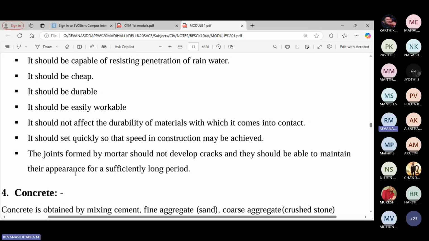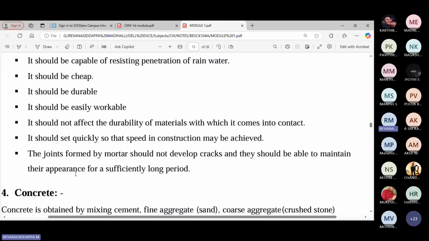If you leave it as it is, all the moisture that was present in the mortar during construction will evaporate into the atmosphere, leaving pores inside the mortar. That will lead to propagation of cracks. Therefore, carelessness in curing the concrete or mortar will lead to these kinds of cracks.